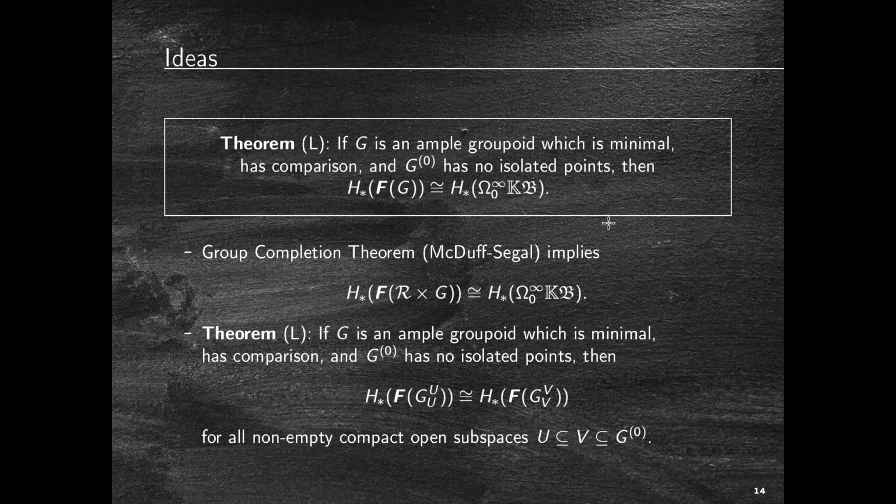For example, is it easy to say how having dense orbits is related to their conditions? Yeah. In their conditions, they construct certain auxiliary categories, and then you have to prove certain homological vanishing results for these categories. The idea is, if you have, say, minimality and comparison, then you have very good control over how to move around open subsets in your groupoid.